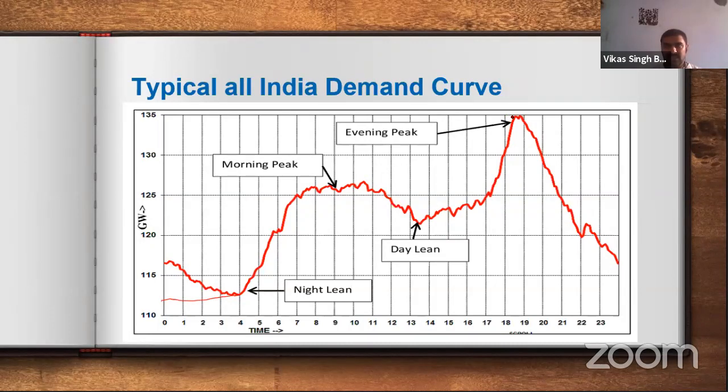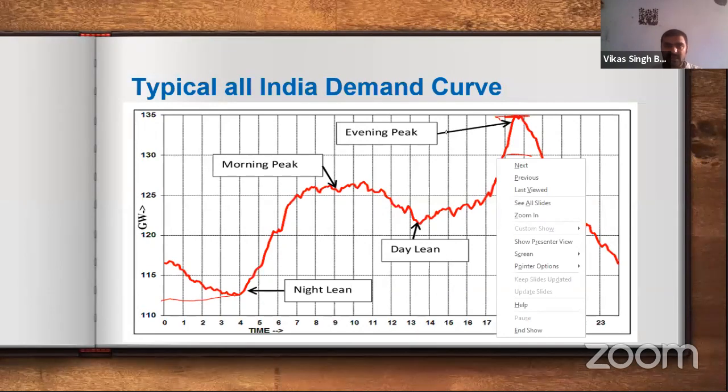So there is a difference between minimum and maximum demand. For the maximum duration, this demand is less than 130 gigawatt.